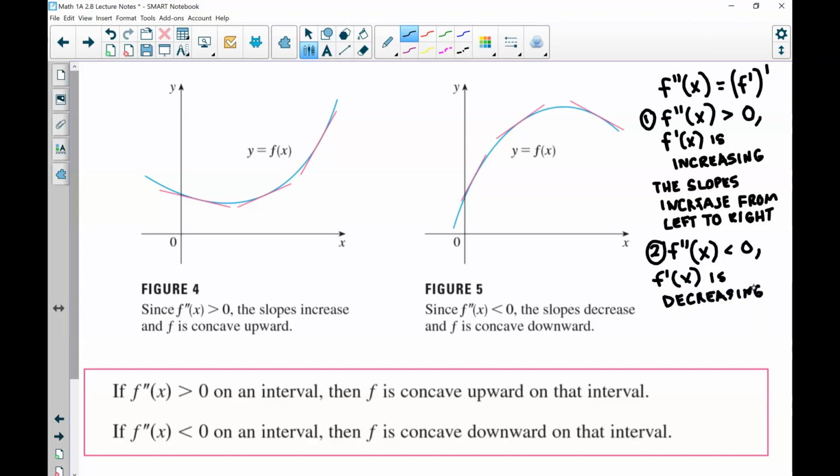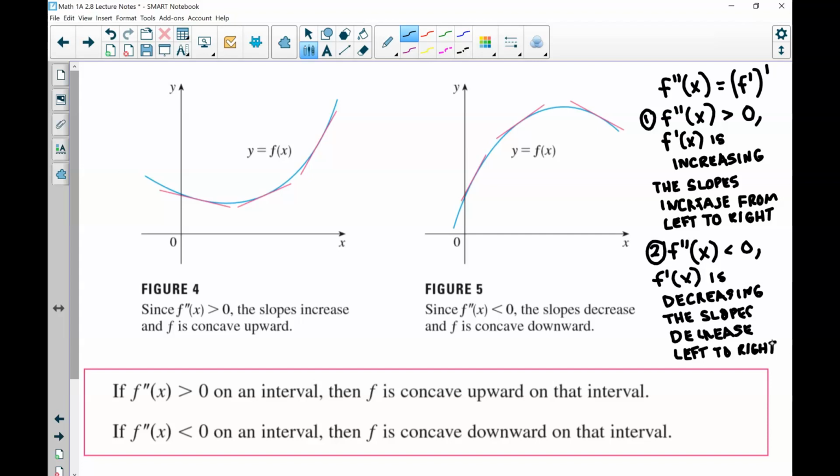If it is decreasing, then the slopes will decrease from left to right. Because of that, we would call this concave downward.